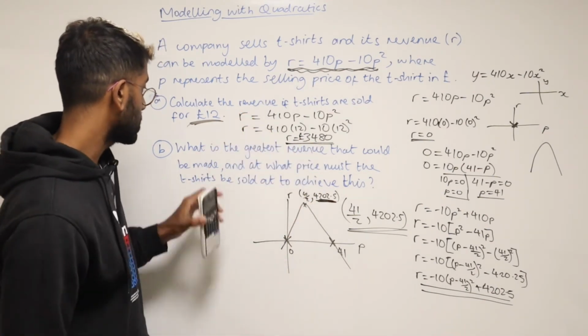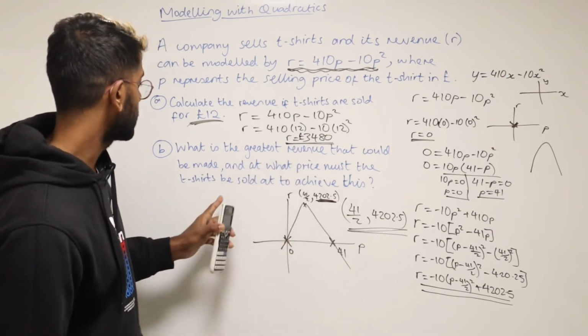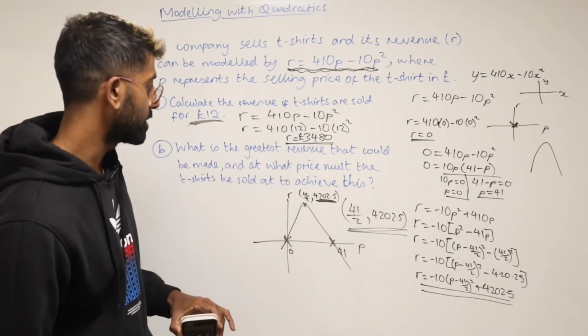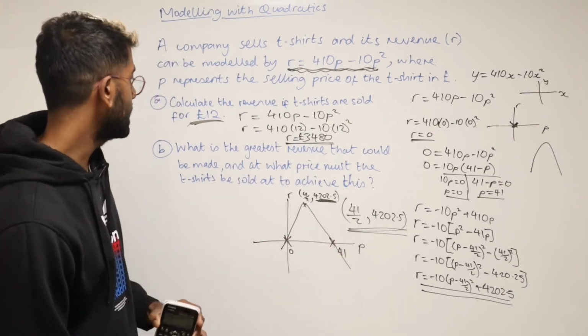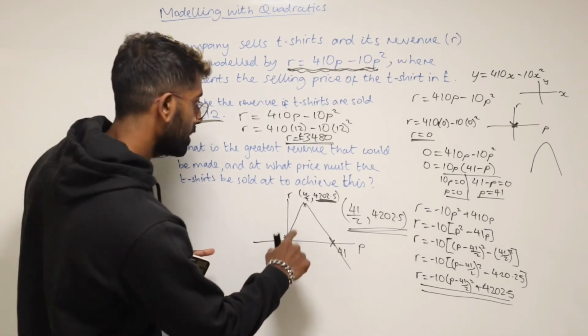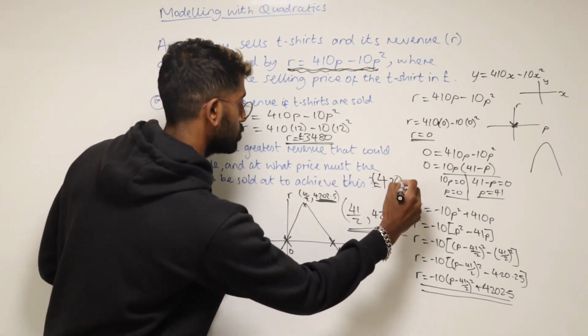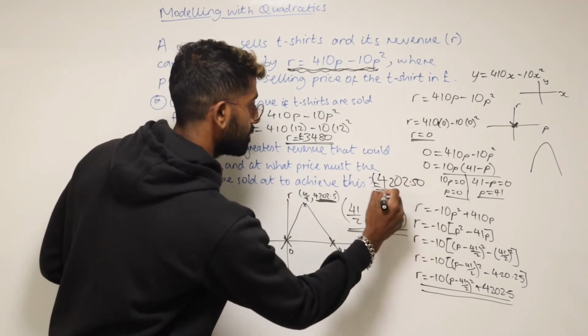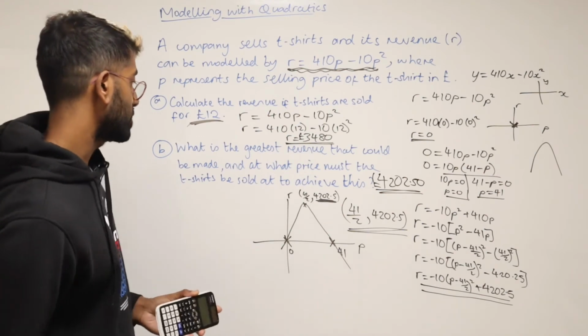Now the next question says, what is the greatest revenue that could be made, and at what price must the t-shirts be sold to achieve this? Because we've completed the square already, we've actually got this information. The greatest revenue that could be made is £4,202.50. And then what price must the t-shirts be sold at?